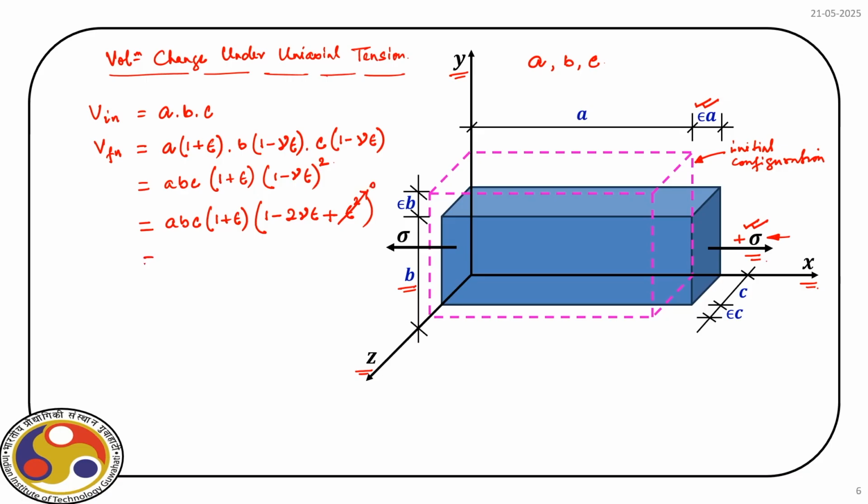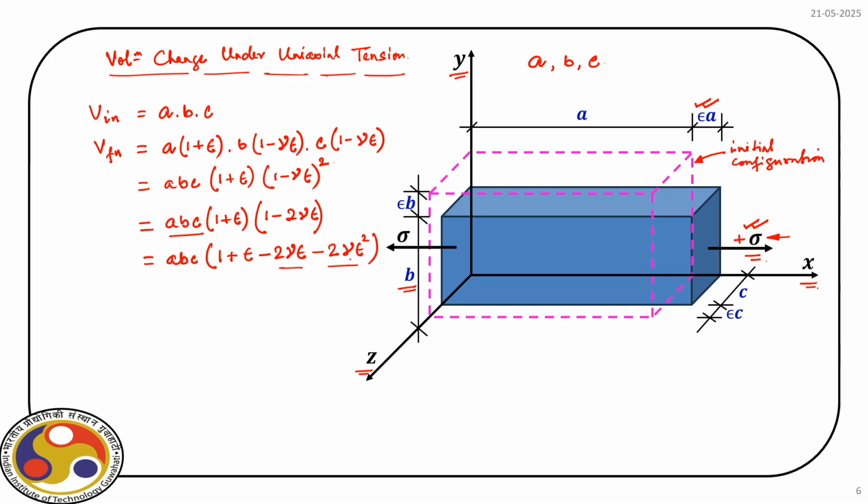So, what ultimately we have is A B C times 1 plus epsilon times 1 minus twice nu epsilon. Then we can further simplify this. So, we have A B C, and if we multiply, the first term is 1 plus epsilon minus 2 nu epsilon, and so that is the final expression.